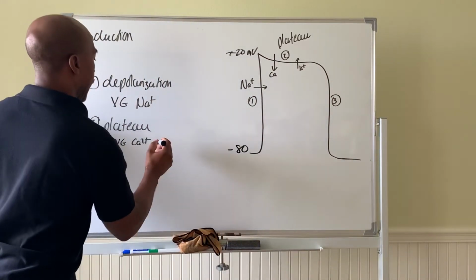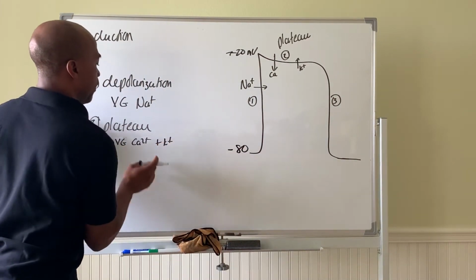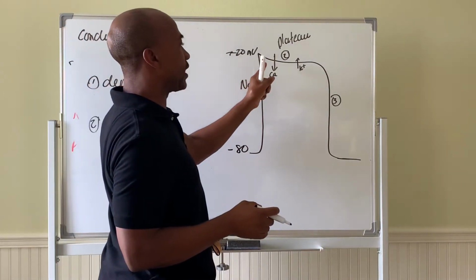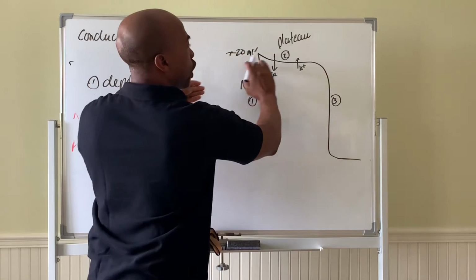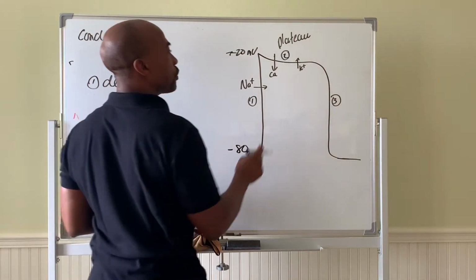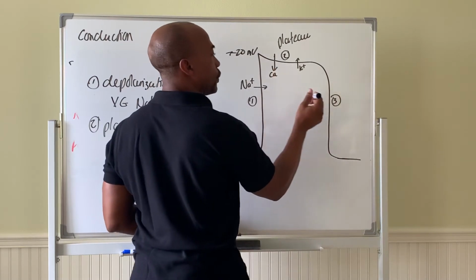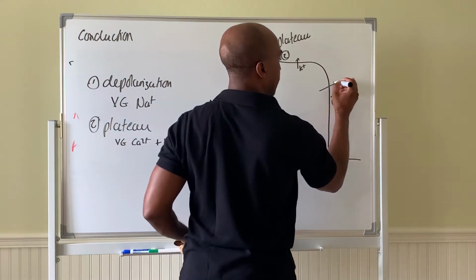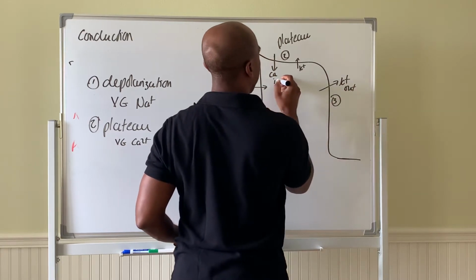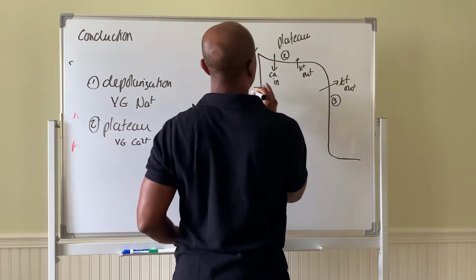Okay, so Ca and K plus fight with each other, so that kind of makes it like a stalemate. So they plateau. Not much change is occurring there during that phase. And eventually the calcium gates close, and then the K gates will drive this process. So K out, Ca in, here's K out, and then in.